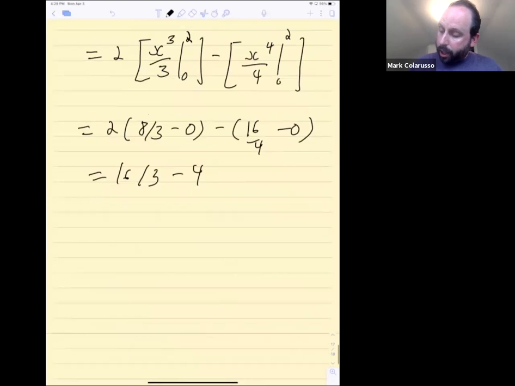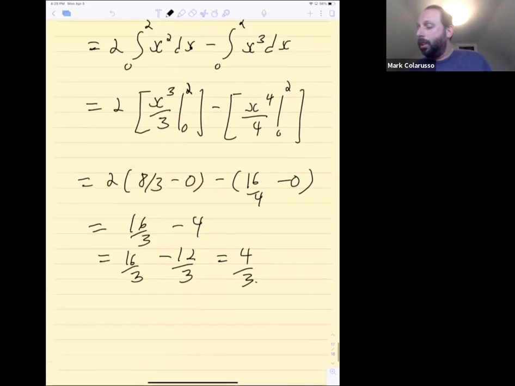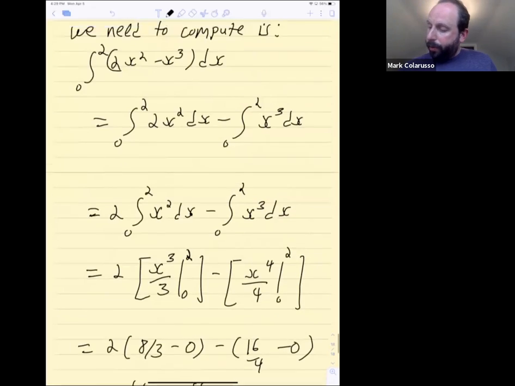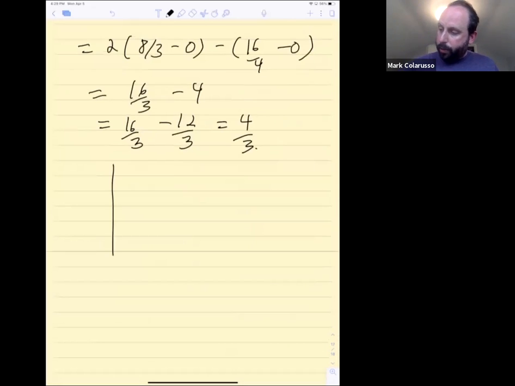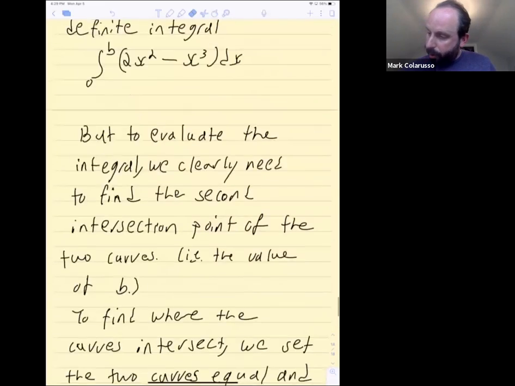And so you've got to add these fractions. You could do this on a calculator, but I'll just do it by hand. So it's 16 over 3 minus 12 over 3, and so that's 4 over 3. As we draw, I can just bring the picture back here to drive the point home.